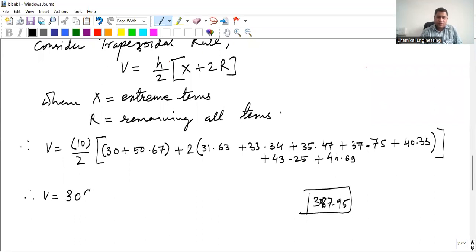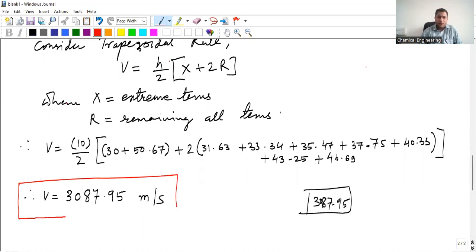Yes, okay, sir. So it is 3087.95 and this is meter per second, because velocity we measure in meter per second.